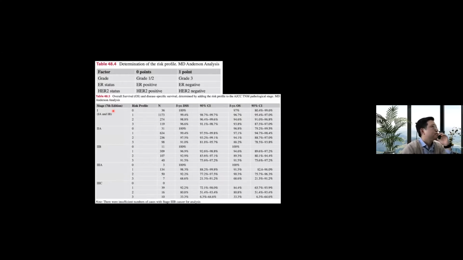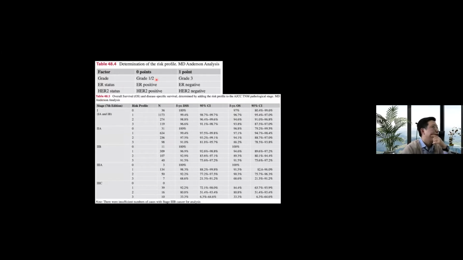So these are the three most commonly used prognostic factors in breast cancer: tumor grade, ER, and HER2 status. This is one study included in the AJCC guideline to show that those factors have a powerful influence on patient prognosis.